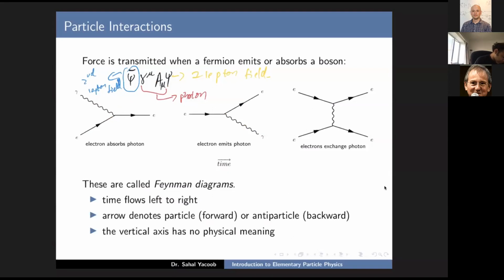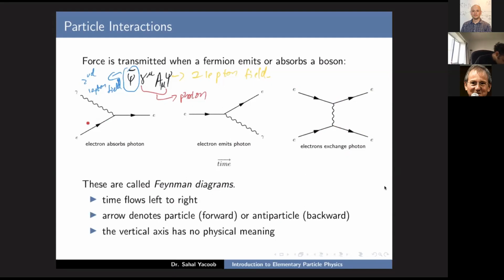In this case, we have an incoming particle, an outgoing particle, and a photon being absorbed. In this case, an incoming particle, an outgoing particle, and a photon being emitted. And here we have an actual complete interaction where we have two incoming electrons bouncing off each other and moving away. Time flows from left to right, and the vertical axis doesn't really have physical meaning.